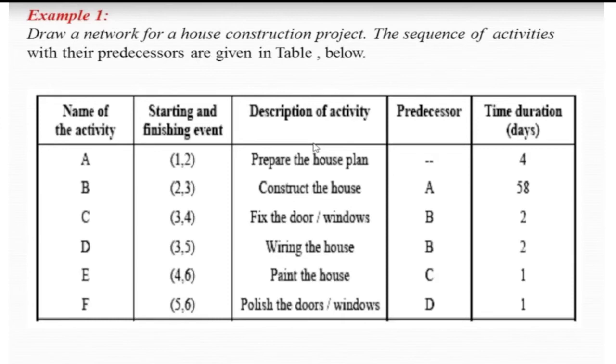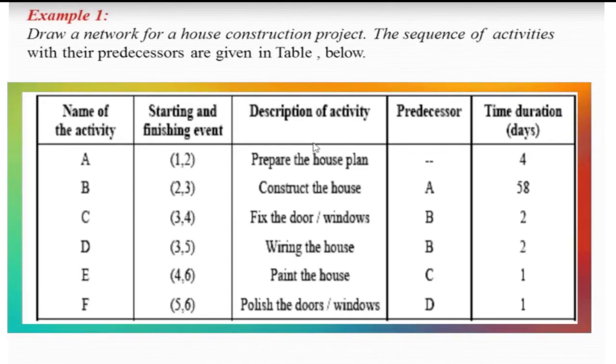For instance, for letter A, you have events 1 and 2, and the description of the activity. Letter A is the preparation of the house plan. Letter B is the construction of the house. Letter C is fixing the doors or windows, and so on and so forth.